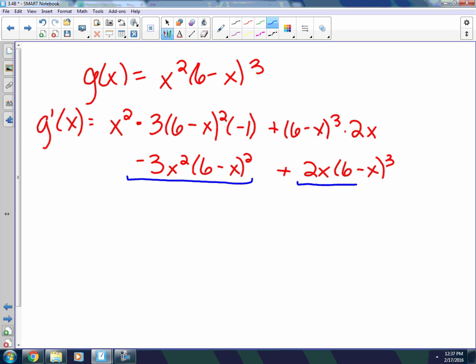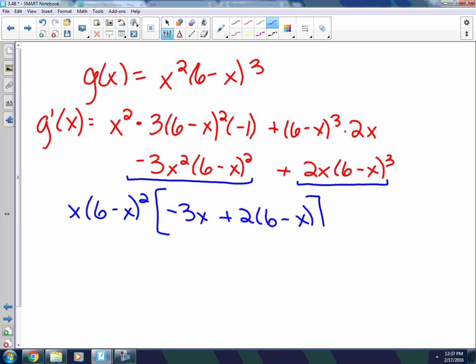Okay, now, these 2 terms, do they share anything in common? They have a 6 minus x squared. Let's just go with the x part, because one's a -3. So if we take that out of them, we'll get a -3x is all that's left for this, plus 2 times 6 minus x is what's left for that second one.